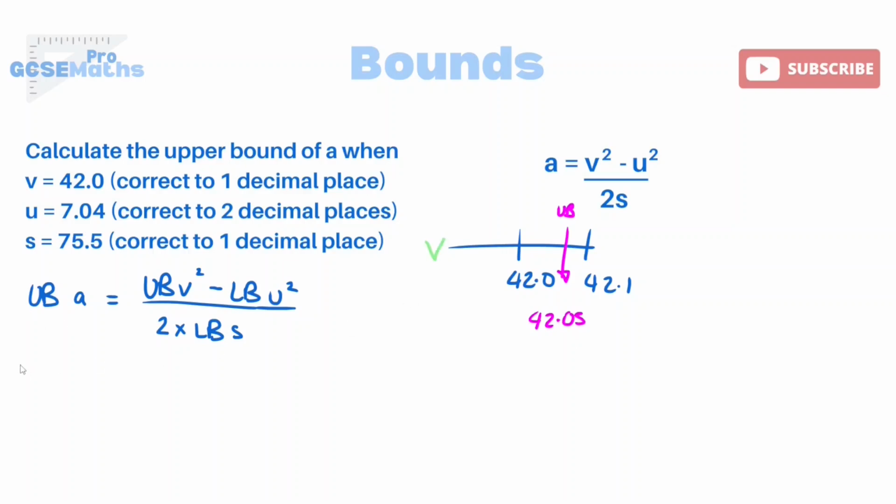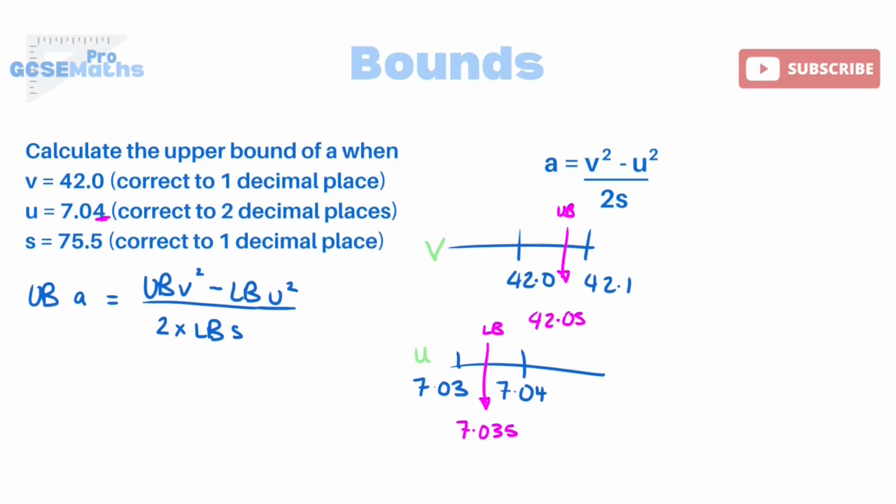So that's V. Okay, U, we want the lower bound, and we've got 7.04, correct to 2 decimal places, so I'm looking at the 2nd decimal place, which is the 4. I want the lower bound, so 1 below is 7.03, and then halfway. Lower bound is 7.035. There we go.